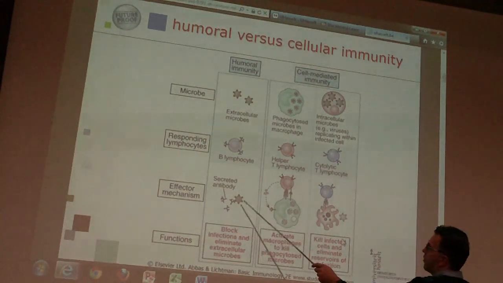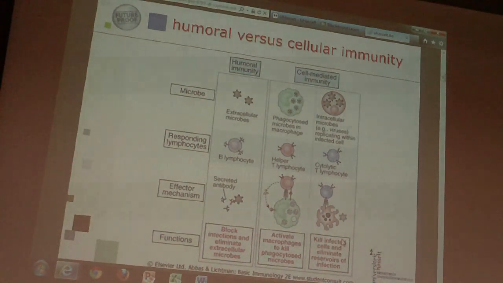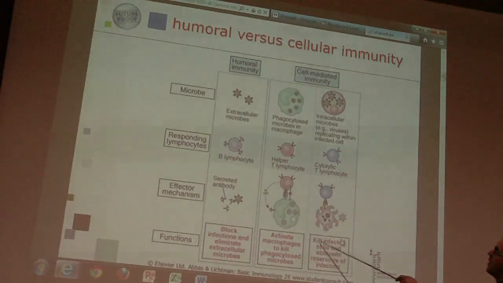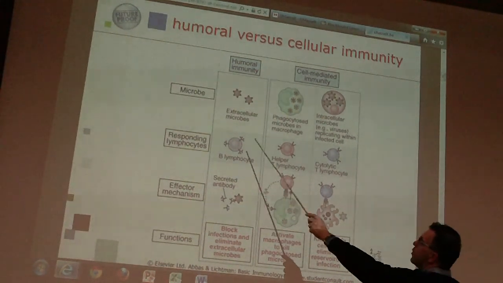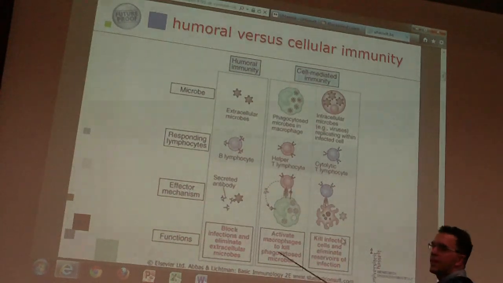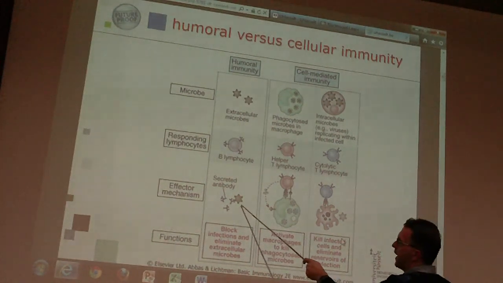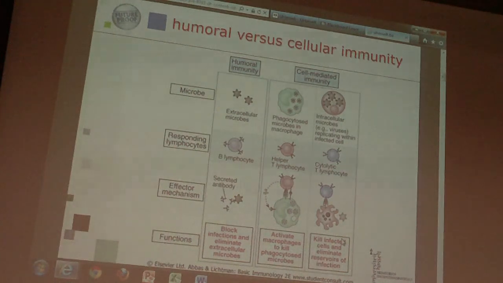Well, antibodies cannot enter your infected cell, so you need cytotoxic reactivity. So for intracellular microbes, you always need cell-mediated immunity. For humoral immunity, you only need antibodies. It's not useful to have activated CD8 cells if you have free living bacteria.